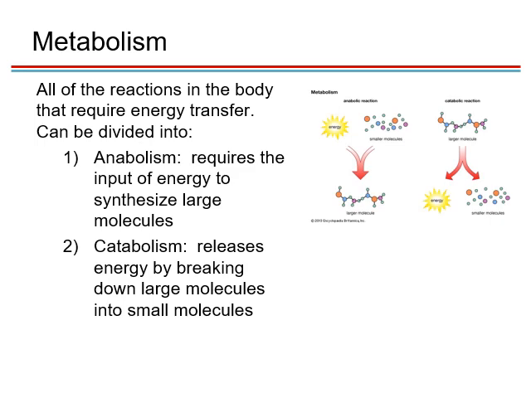So our metabolism in our body has two types of reactions taking place. We have anabolism, which requires input of energy to synthesize larger molecules. You can see we're having to put energy in to make these smaller molecules into larger molecules.